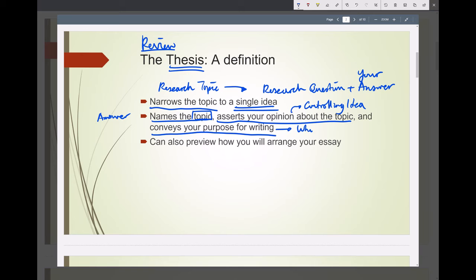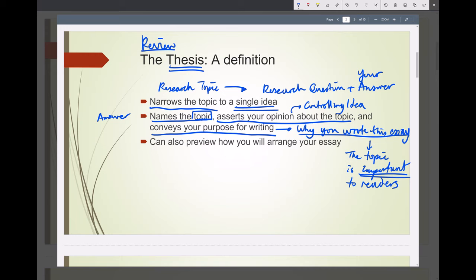So that's the why you wrote this essay. And usually it's because, well, the topic is important to you. And more than that, the topic is important to the readers, and you want to tell them something important.